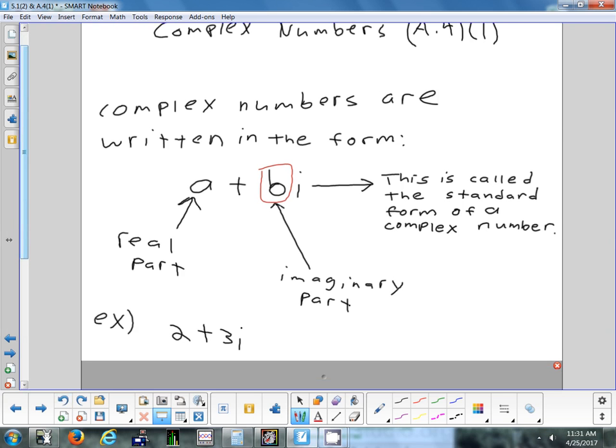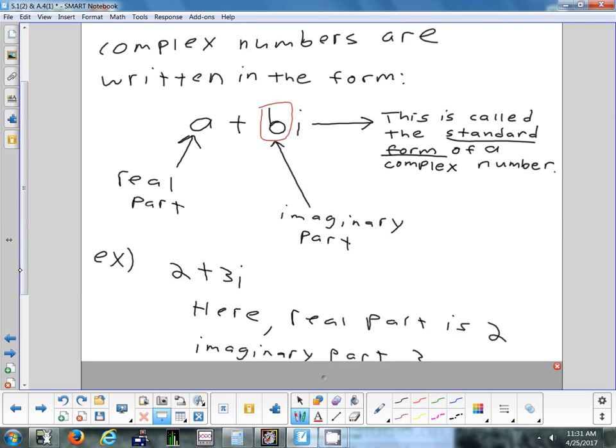That's called standard form. That's just always the way you write a complex number. Real part, imaginary part. That's what I just said to you.